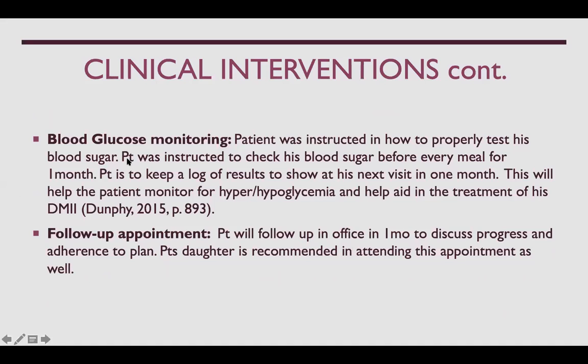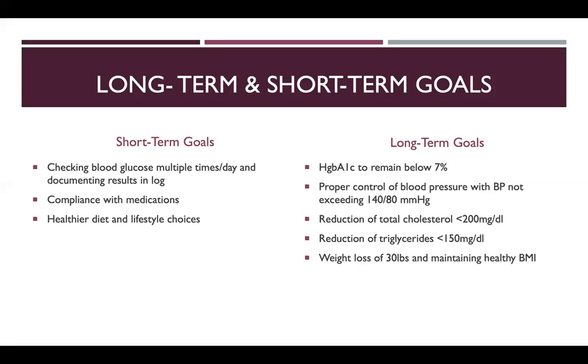We helped him learn how to check his blood sugar properly and to keep a log of his results to show at his next visit in 1 month. And this will help us better treat the hyper and hypoglycemia that he has. And he will follow up in the office in 1 month to discuss his progress and adherence to the plan. And his daughter is planning on coming to that appointment as well.